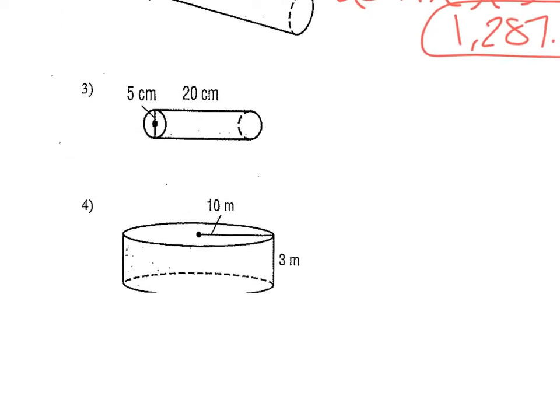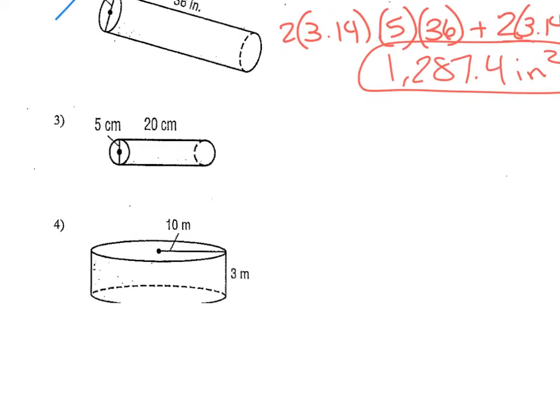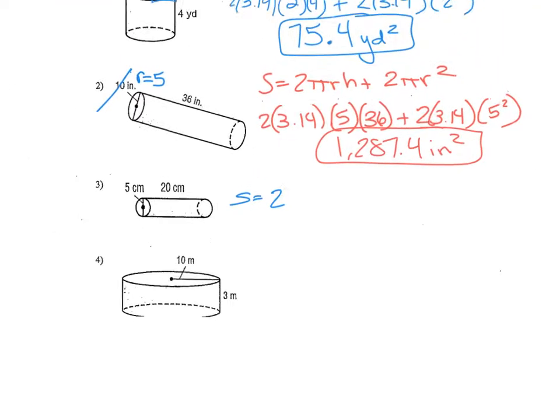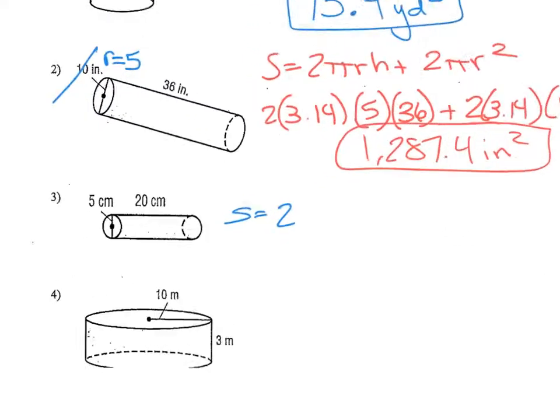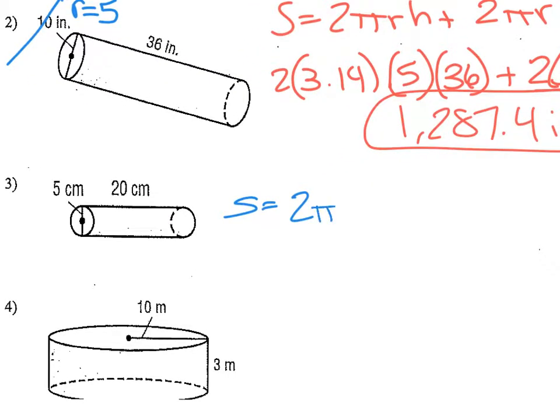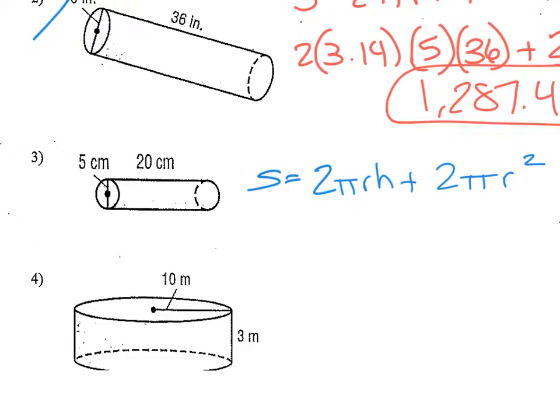So number 3. Okay. Number 3. 2 pi r h. 2 pi times radius times height plus 2 times pi times radius squared. On number 3, what's my radius? 2.5, because they gave me the diameter.